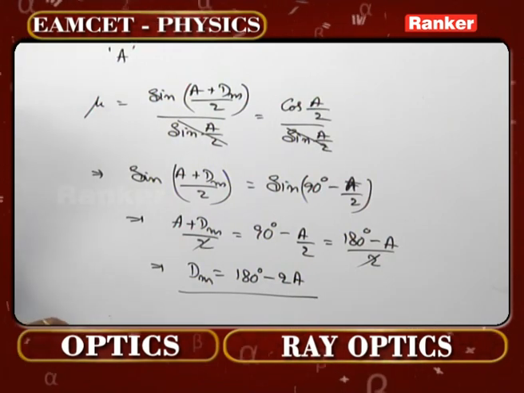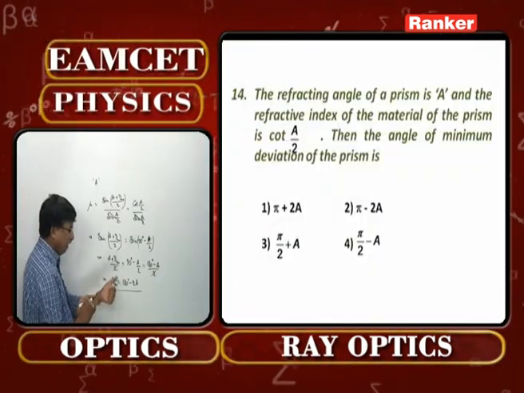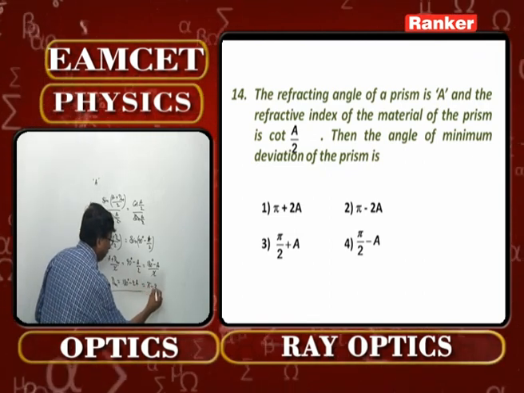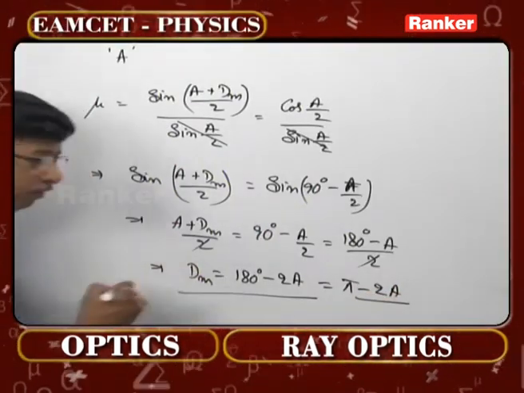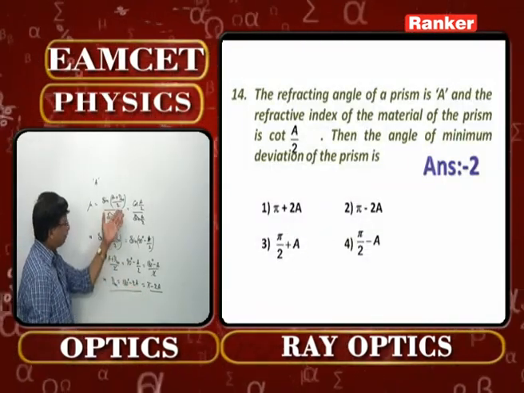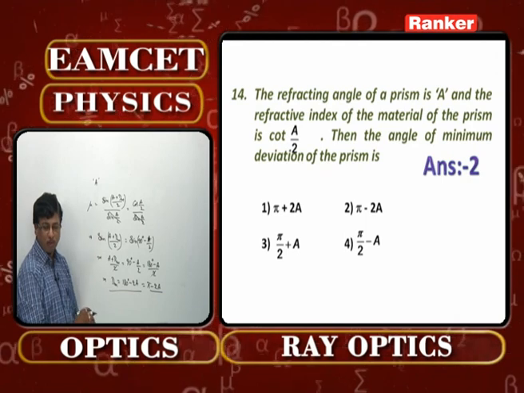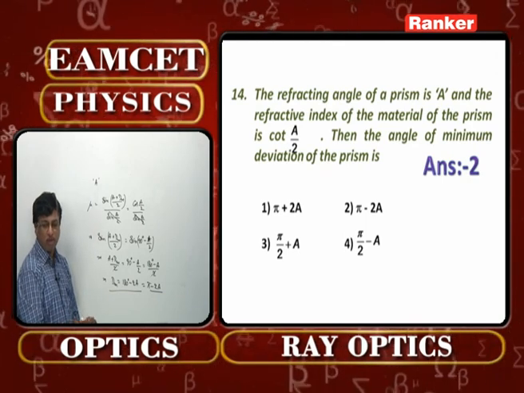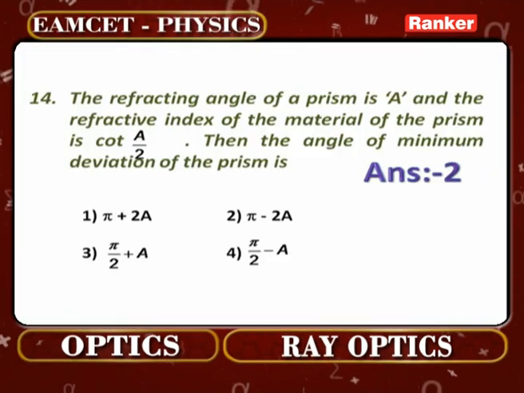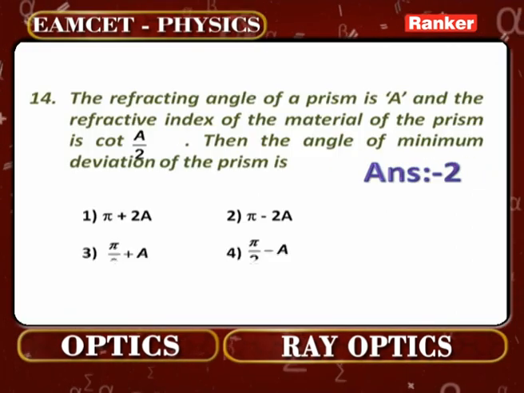Look at that option please. That you will be getting 180 minus 2A. 180 we write it as pi. So, pi minus 2A. Where is that option that is given? You see now, pi minus 2A means the second option that is going to be correct in this particular question number 14 as such. Look at the very next problem, that is problem number 15 now please.